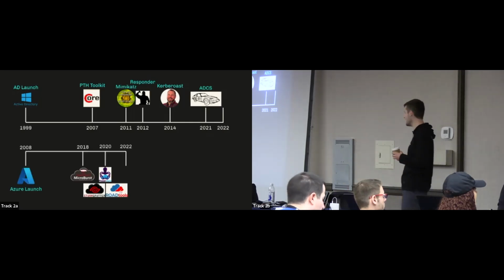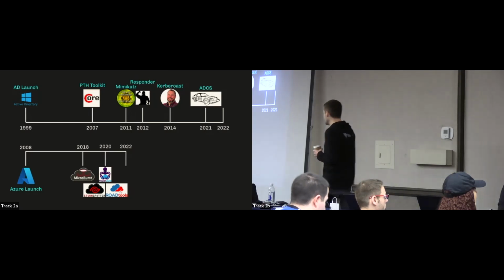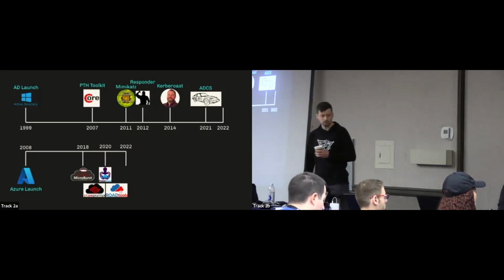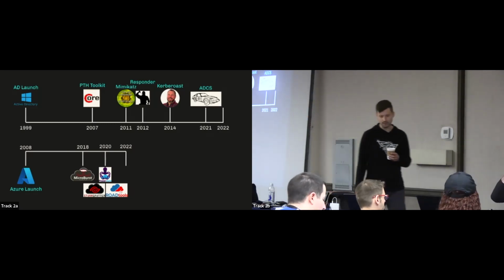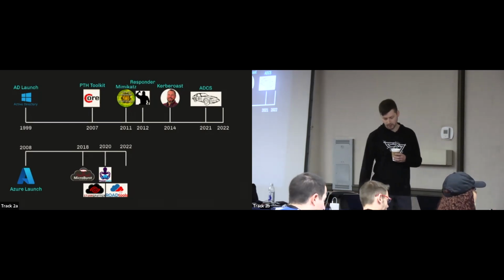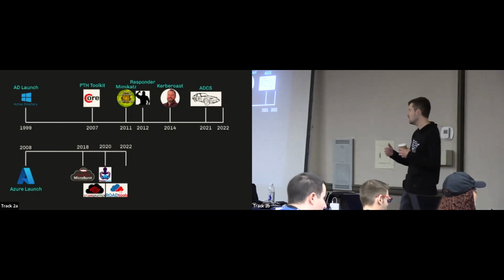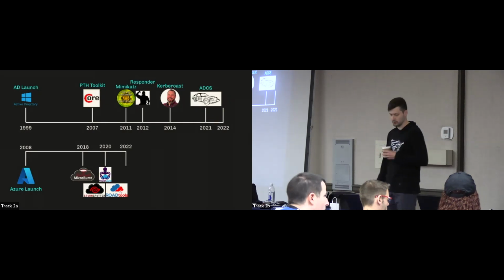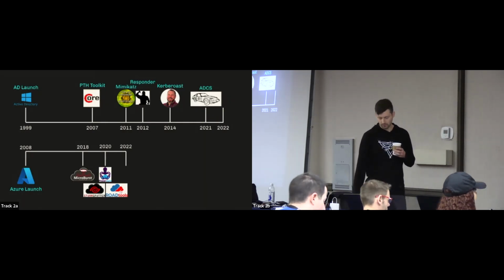Azure came out in 2008. 2018, we got MicroBurst from Karl Fosaaen. 2020, we got PowerZure from Ryan Hausknecht, Stormspotter from Laurent Gray, and ROADtools from Dirk-Jan Mollema. So that's 12 years after the Azure launch that we start to have some formalized offensive code, but really offensive code is all audit code. So you can use these things to audit for misconfigurations in your environment.